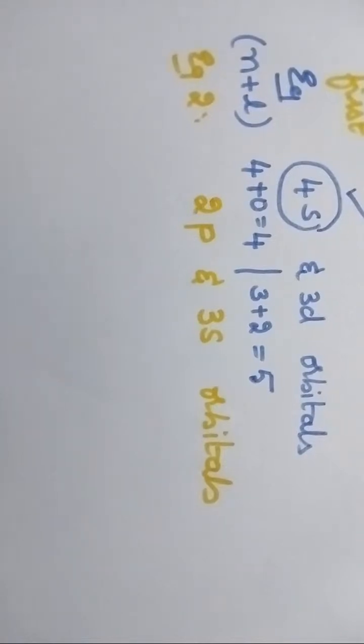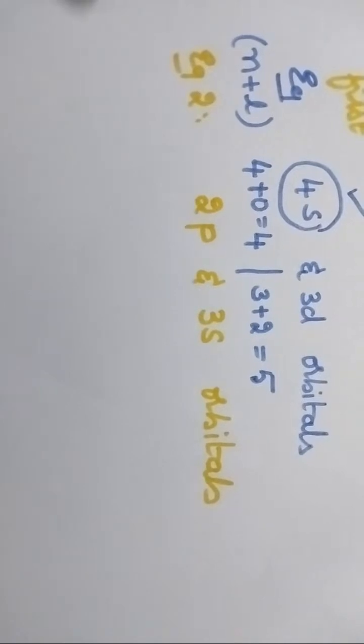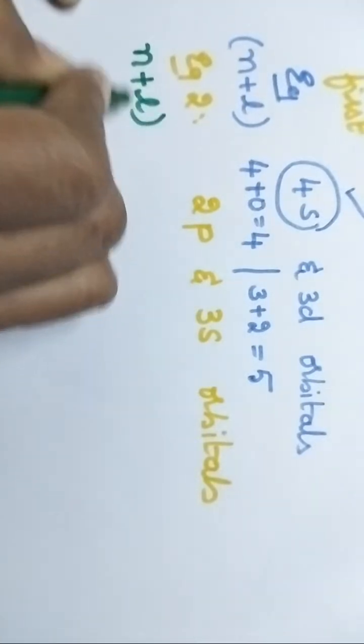Try to guess. Between 2p and 3s orbital, which one should be filled first? 2p. Very good, Swati. So again here we have to follow n plus l value.